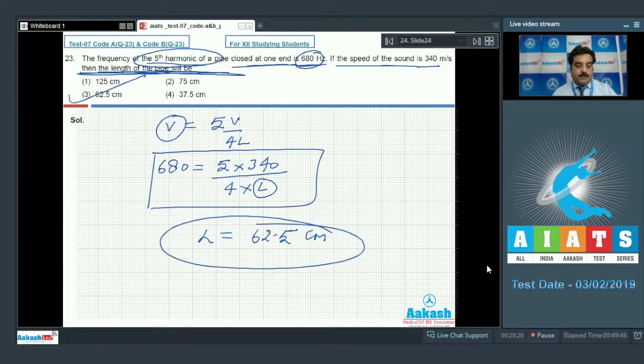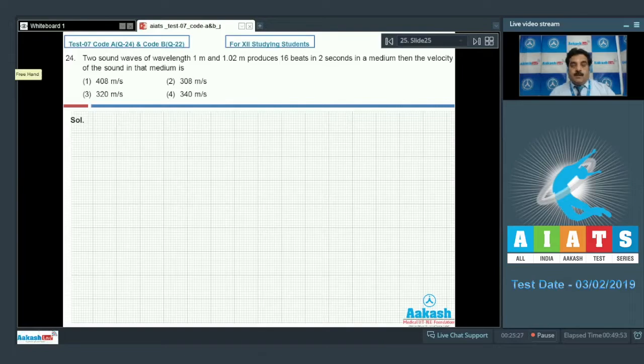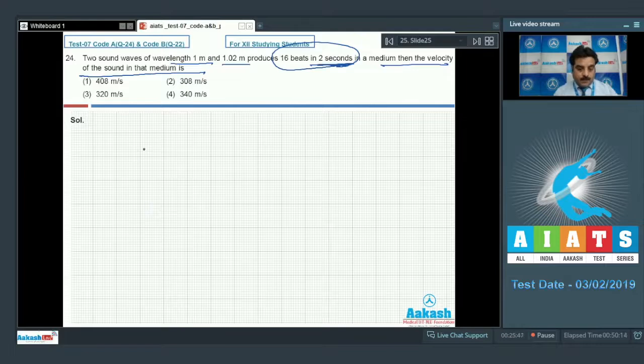So my option number 3 will be the right choice. Let's move on. Question number 24. In question number 24, two sound waves of wavelength 1 meter and 1.02 meter produce 16 beats in 2 seconds in a medium, then the velocity of sound in that medium is. This is very important, because the beat count is per second, but here it is 16 beats in 2 seconds. So you know the beat frequency is F1 minus F2, that is the number of beats per second.